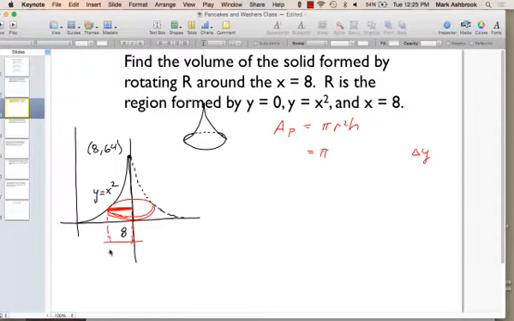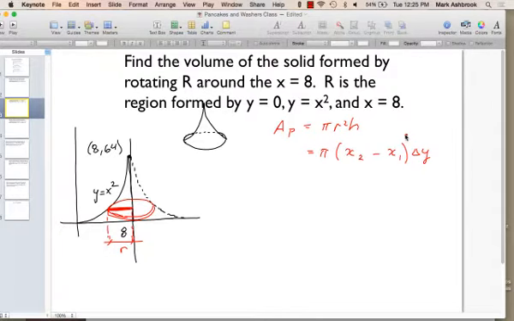That's the radius right there. The radius is from the center of rotation, x equals 8, out to the curve y equals x squared. So in general that's 8 minus x squared. Change in x, so it's going to be x2 minus x1.